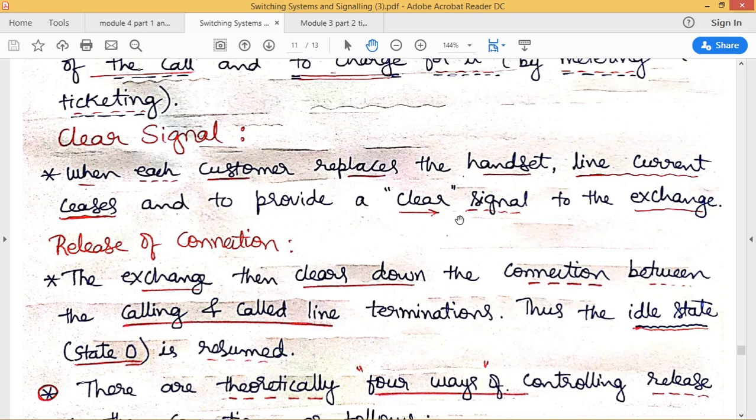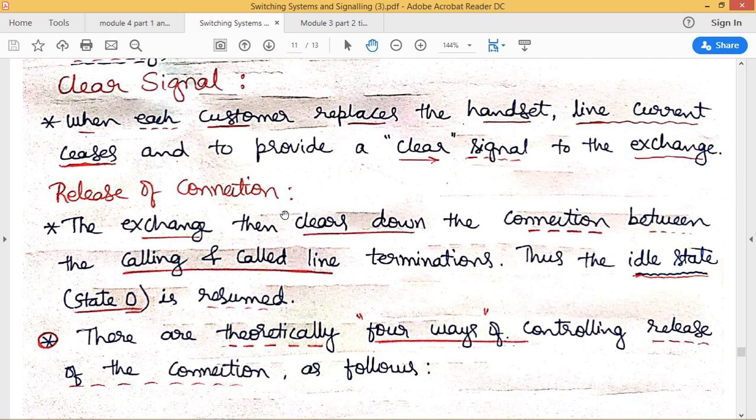So the exchange receives the clear signal either from this end or from the other end. Whoever goes on hook, either this side or this side, the clear signal will be sent to the particular exchange. So once the exchange receives the clear signal, it will release the connection. The exchange then clears down the connection between the calling and the called line termination. Thus the idle state 0 is resumed.